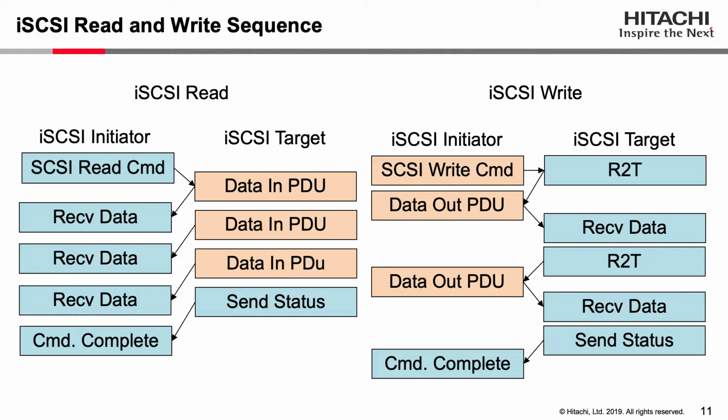The left-hand side shows iSCSI read, and for iSCSI read, data is transferred by one or more Data-In PDUs, and the right-hand side shows the iSCSI write sequence. To reduce the exchange of PDUs, a SCSI write command can have data as immediate data, and subsequent data is transferred by one or more Data-Out PDUs.